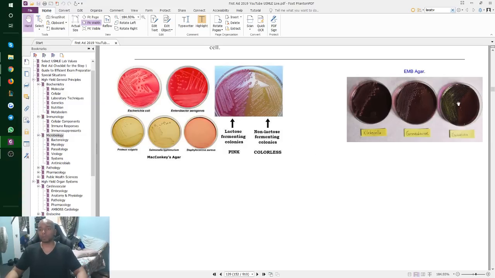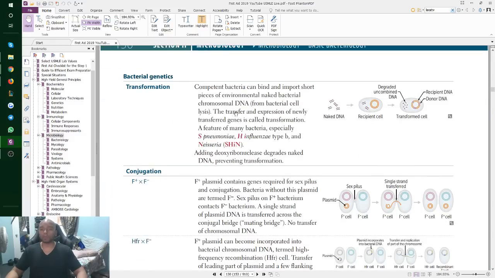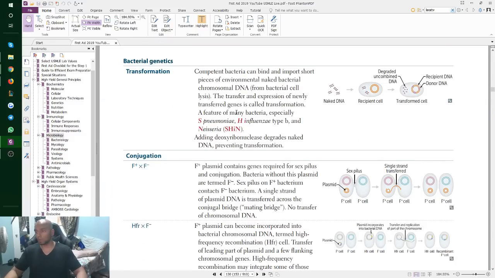So very important to remember these. Basically, the color change is going to be shown, or they'll show you an image like this and tell you, oh look, it turned pink. What does that mean? You have to remember that lactose is being fermented, so you must be using some bacteria that ferments lactose.